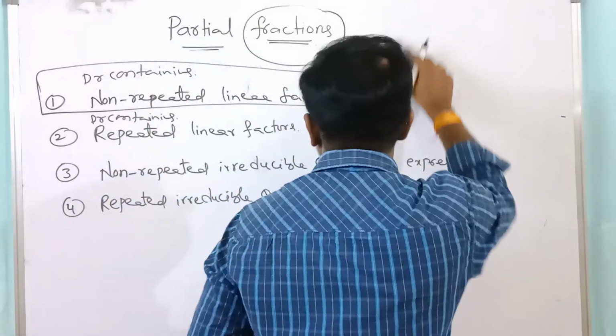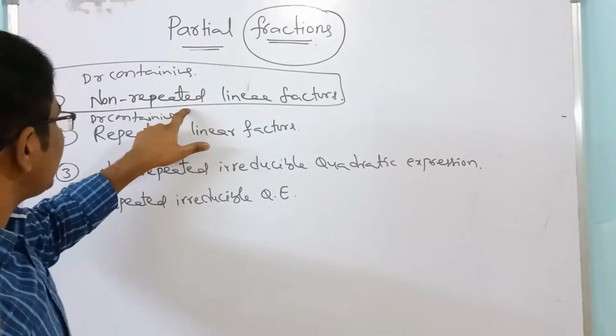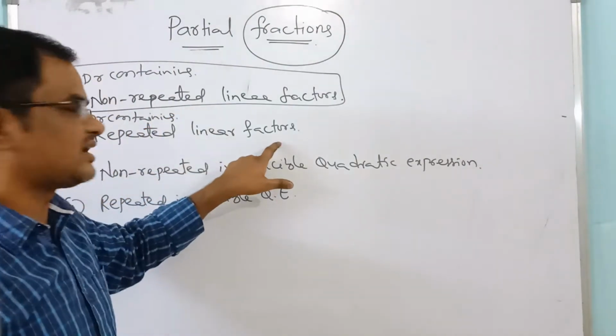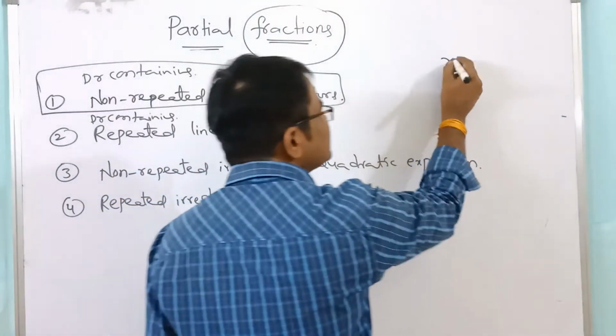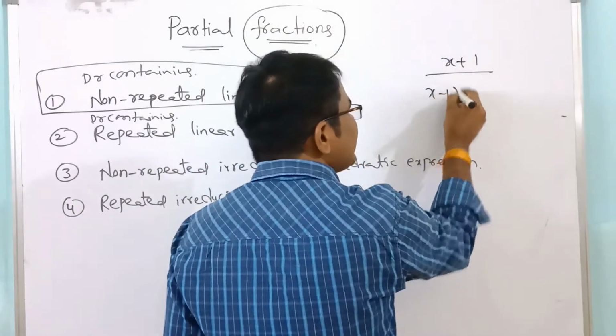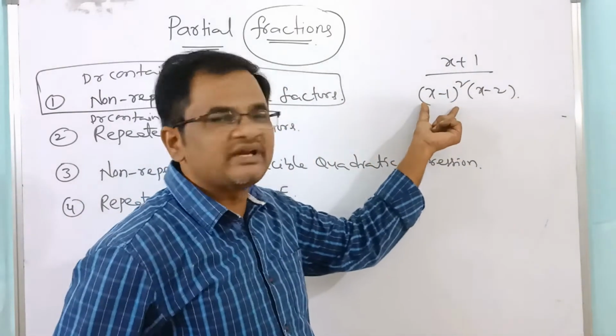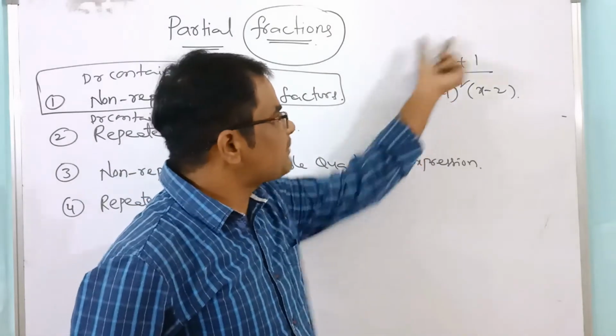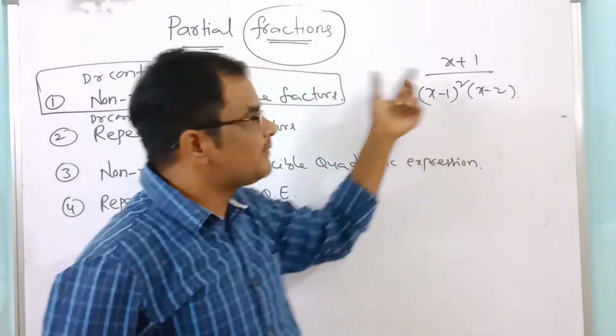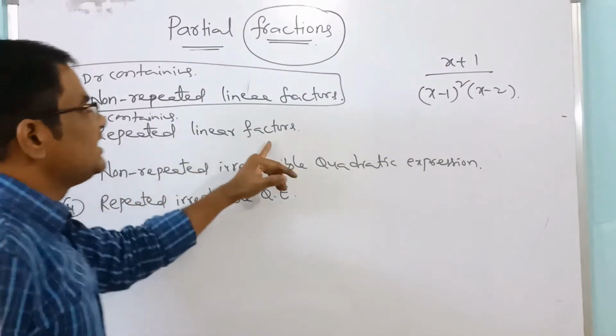And the second one is the denominator containing repeated linear factors. Repeated linear factors means like this x plus 1 by x minus 1 whole square into x minus 2. So this is repeated. So that's why this type of proper fractions are called what? Repeated linear factors.